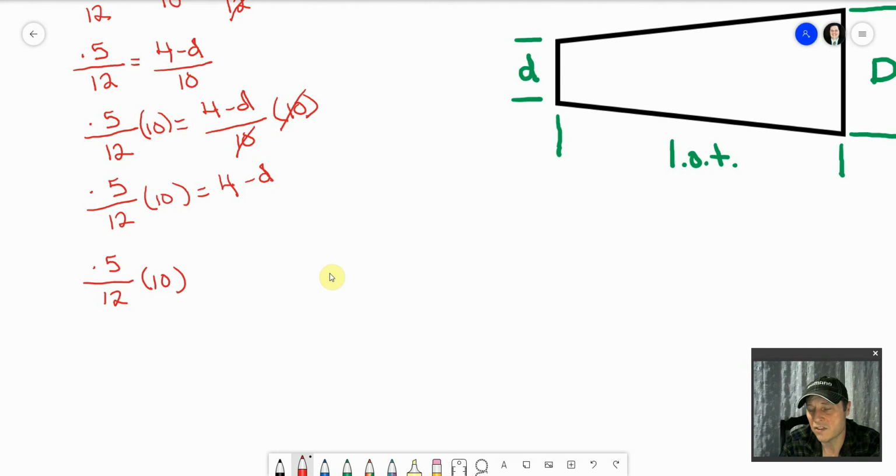Okay, so signed numbers: any number that doesn't have a sign in front of it is a positive number. And all numbers have a sign, right? So if you don't see a sign, that means there's a plus there. And that plus belongs with the 4. This negative sign belongs with the d.